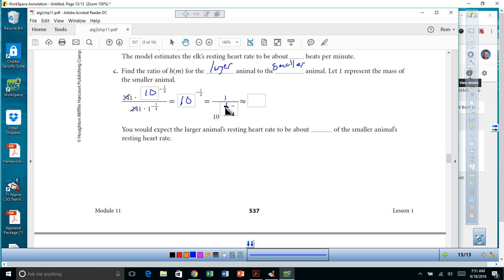That gives you 1 over 10 to the 1/4, which is approximately 0.56. You would expect the larger animal's resting heart rate to be about 56% of the smaller animal's resting heart rate.